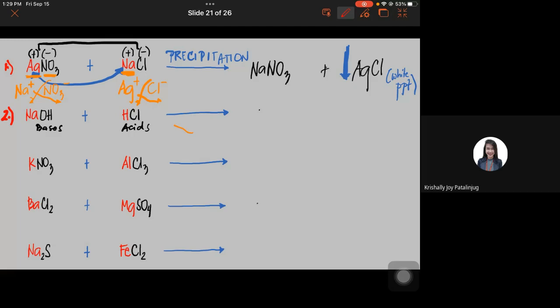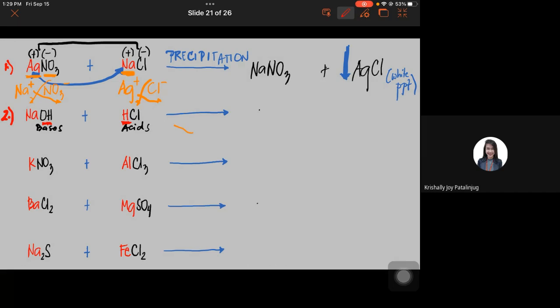Class, if you encounter any chemical formula of compounds containing OH, hydroxide, they are structurally, chemically, bases. Okay, kapag naman acids, they contain H+, diba? That's the condition, a component, meron lahat ng acids, they always contain proton or hydrogen ion.